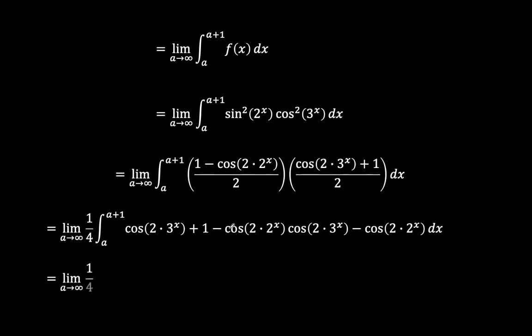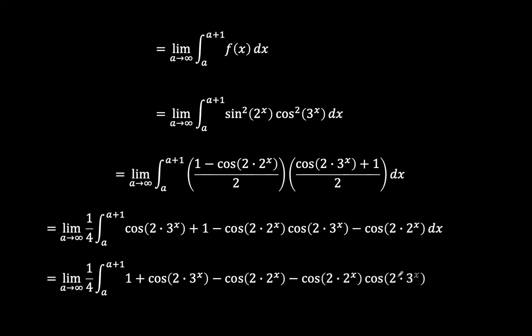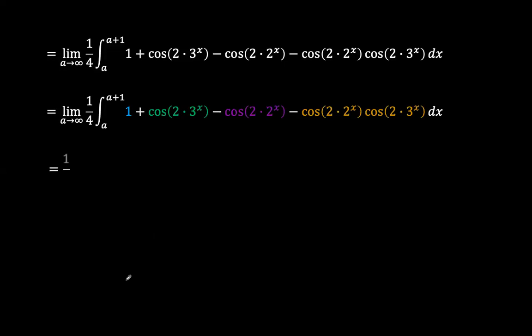And we can isolate this 1 here and then play around with the extra terms we've gotten. You realize that with this constant of 1, when you integrate that, you get x, and then applying the limits appropriately, we are left with just a quarter times 1.